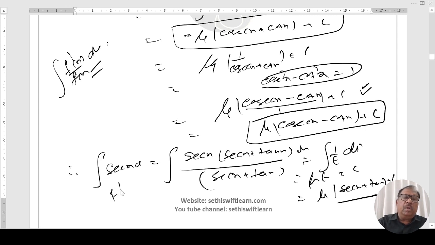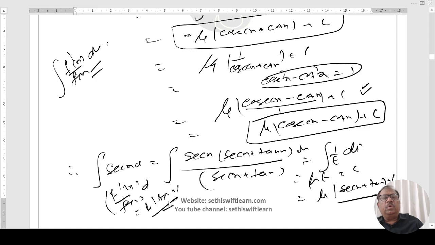Use the formula f dash x upon fx, that is log of fx plus c. So integration of sec x is log of sec x plus tan x plus c. Integration of cosec x is log of cosec x minus cot x plus c. If you want to take plus, then minus log of cosec x plus cot x plus c. Right? Next question.